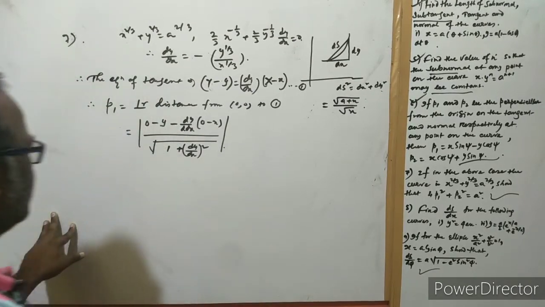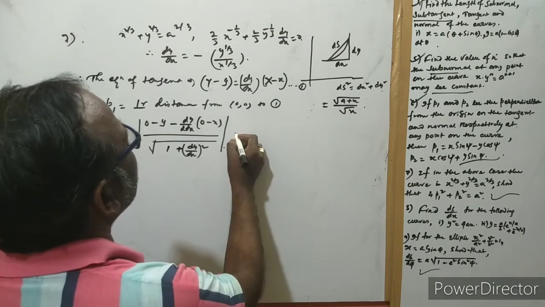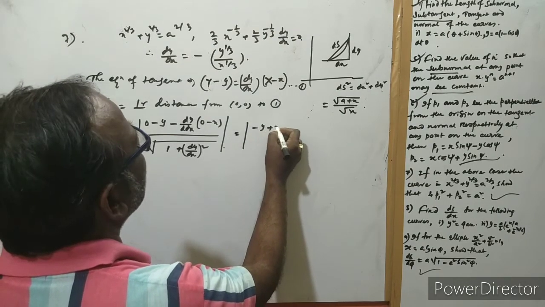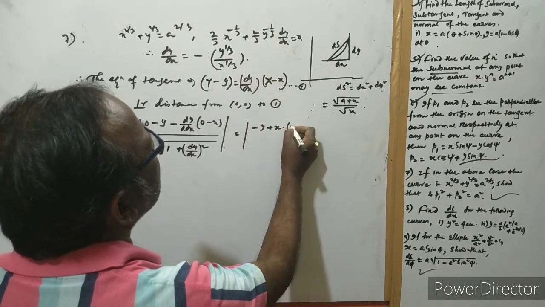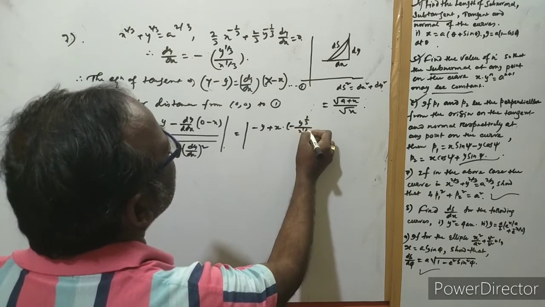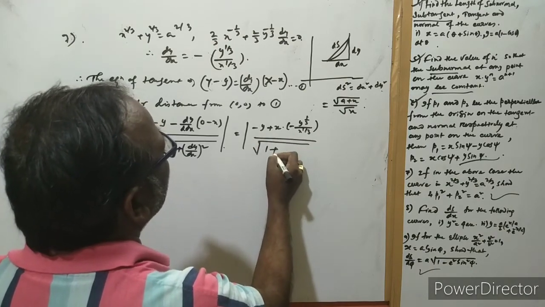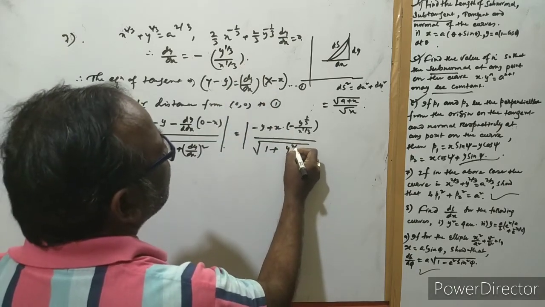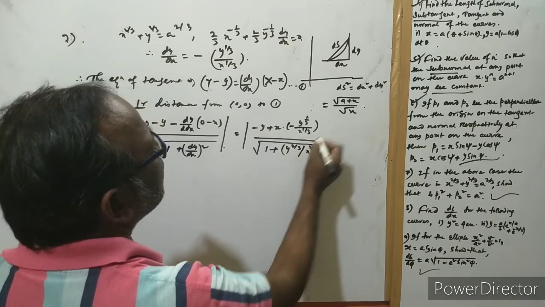Okay, and now see, this is minus y plus x into dy by dx, and dy by dx is y to the power 1/3 by x to the power 1/3. Okay, by under root 1 plus the square of that, 2/3 by x to the power 2/3.